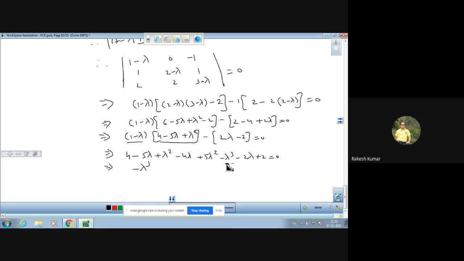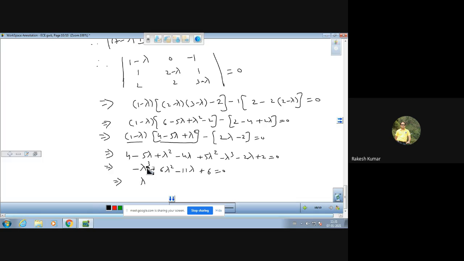So minus lambda cube, 5 lambda square plus lambda square, 6 lambda square, and then we have minus 5 lambda, minus 4 lambda, minus 2 lambda, and that comes out to be 11 lambda, and then we have 4 and 2, that comes out to be 6.